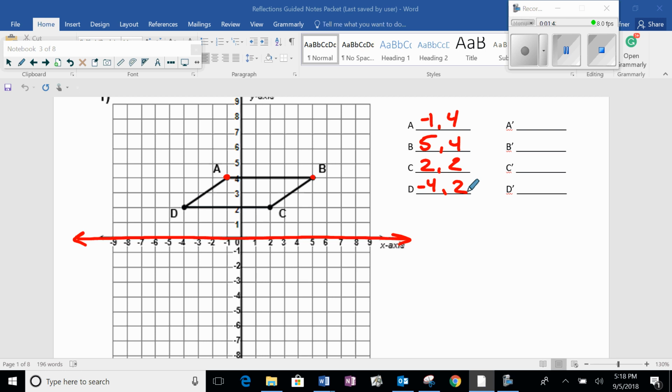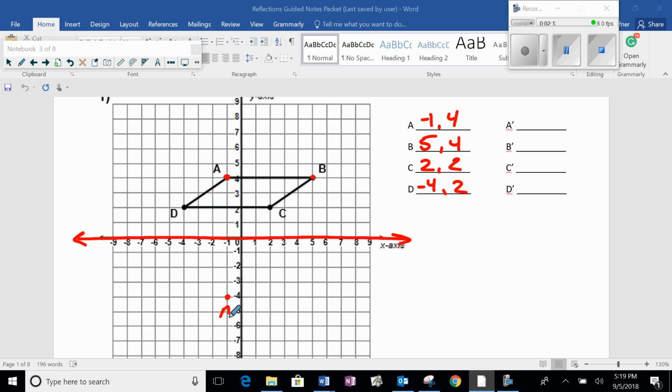Okay, in order to get the reflection over the x-axis, it's going to remain the same distance from the line. So, for instance, if I look at point A, and I start at the line, we went 1, 2, 3, 4 points up. So that means its reflection is going to be 4 points down. So I'm going to stay on the same line, and I'm going to go 1, 2, 3, 4.